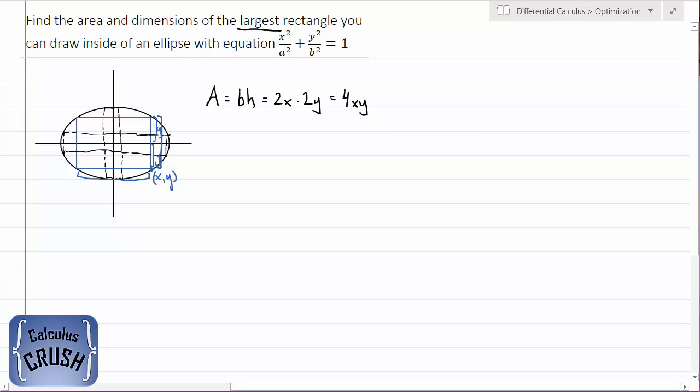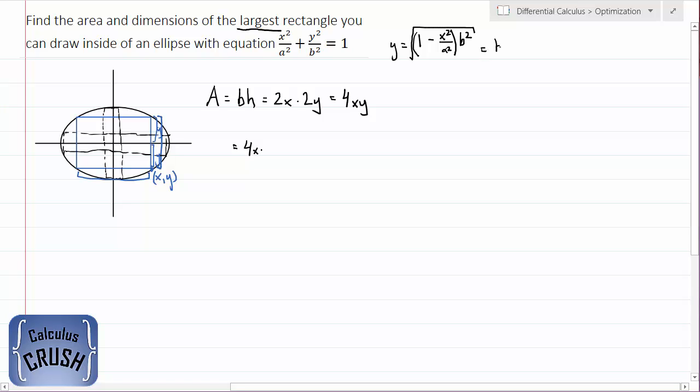Now this equation is written in terms of 2 variables, x and y. We need to write it in terms of 1. So why don't we solve for y in terms of x using the equation that was provided, the equation of the ellipse? So the area is equal to 4x times y. Now let's solve for y up here. y is equal to 1 minus x squared over a squared, times b squared, and we have to take the square root of that.